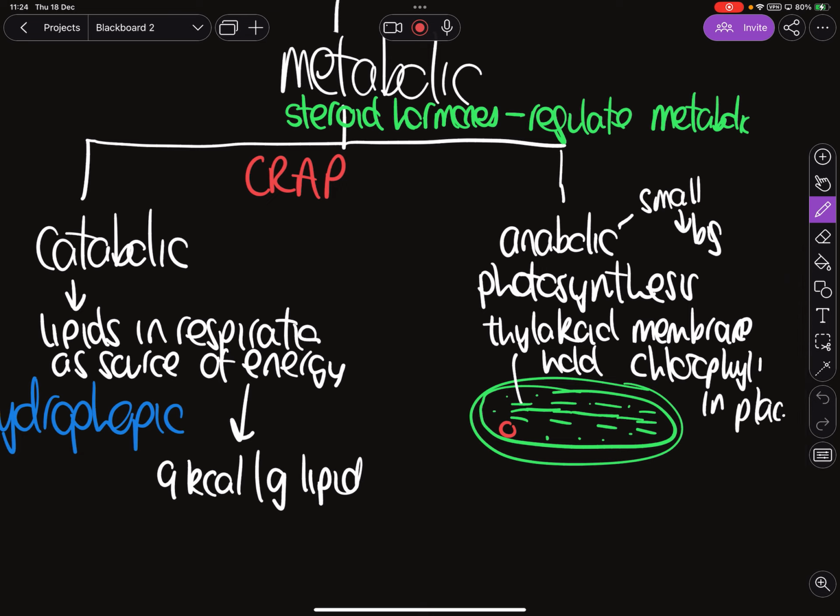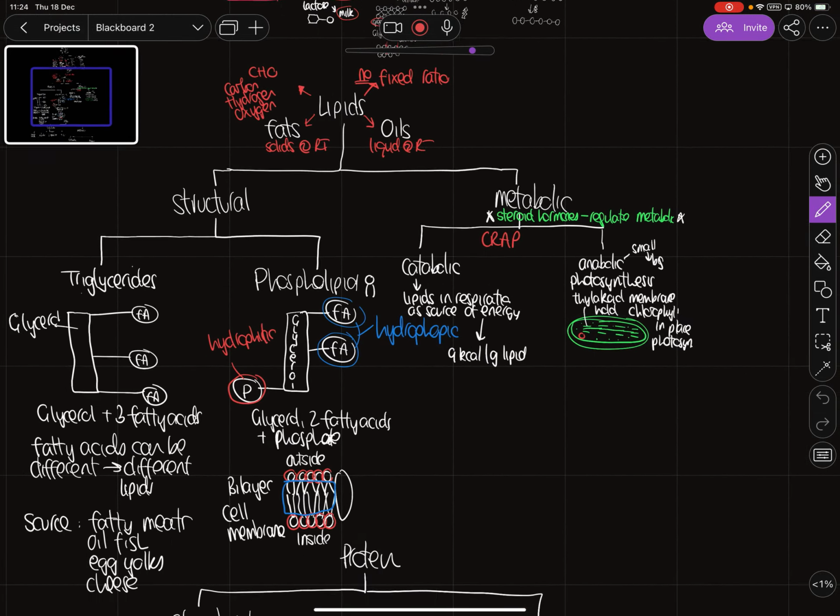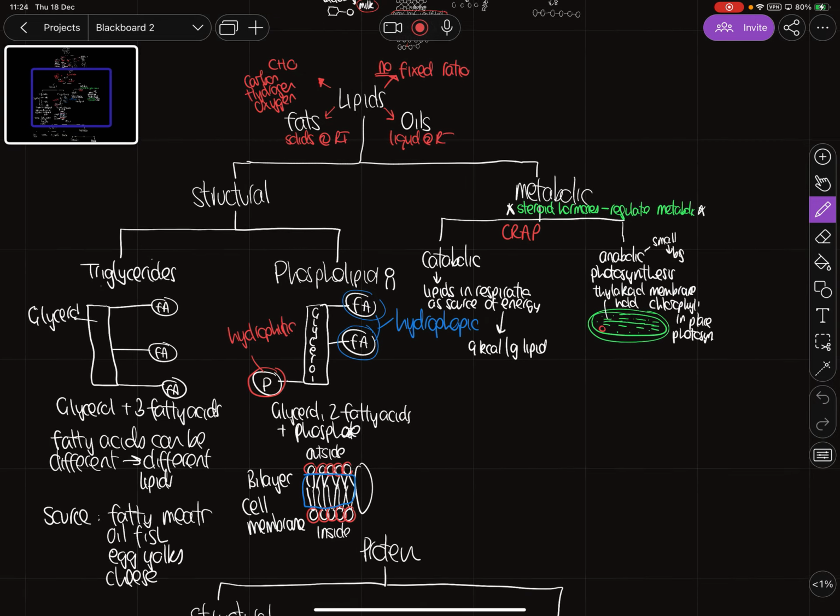So we want the chlorophyll to stay in place for photosynthesis. So we have a catabolic role and an anabolic role, and we also have the little steroid hormones up here that are important for metabolism. Okay, so this is our overarching stuff for lipids.